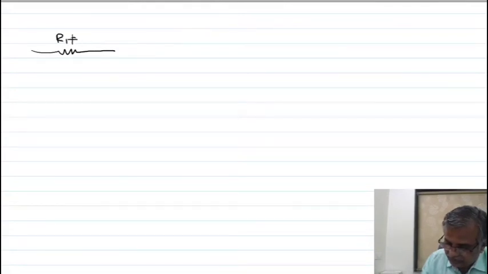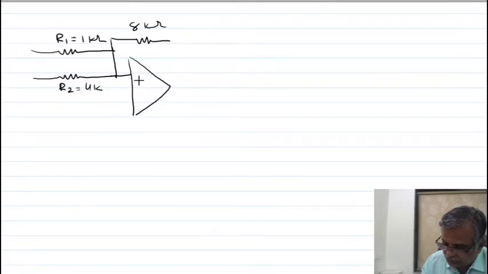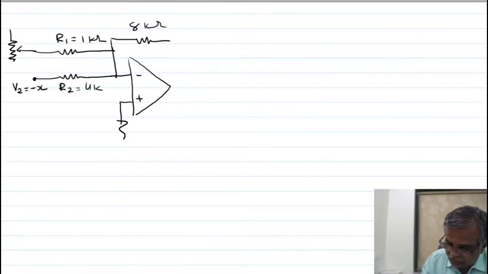This is your 1K, this is your 4K, and this is your 8 kilo ohm. This is your minus and plus sign. Here you require V2 is equal to minus x. Here you give this voltage.